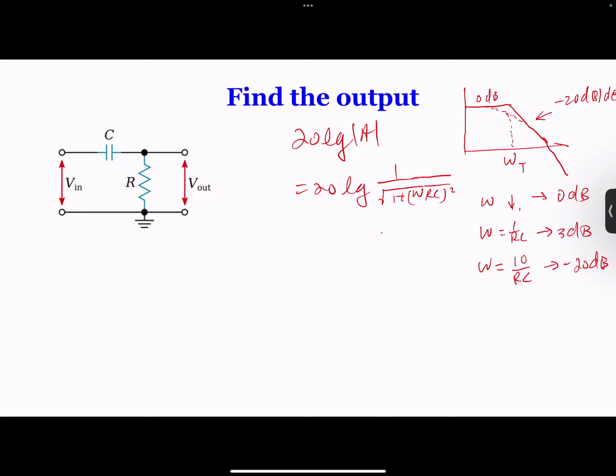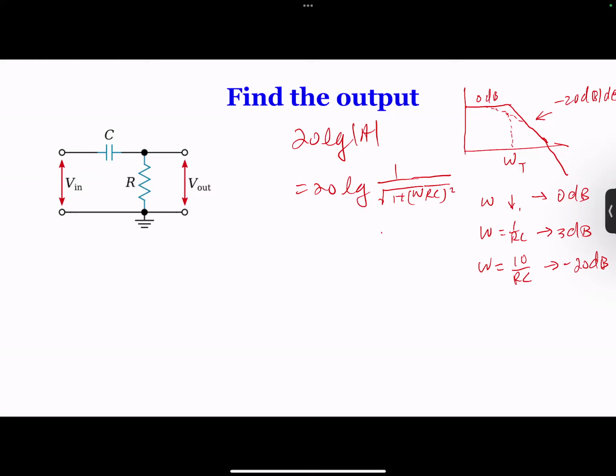Okay. So guys, look at this, which means when frequency is low, you have a dB of 0, but you have a gain of 1, which is fine. But what happens with high frequency, like beyond 10 over RC? It's already minus 20 dB.